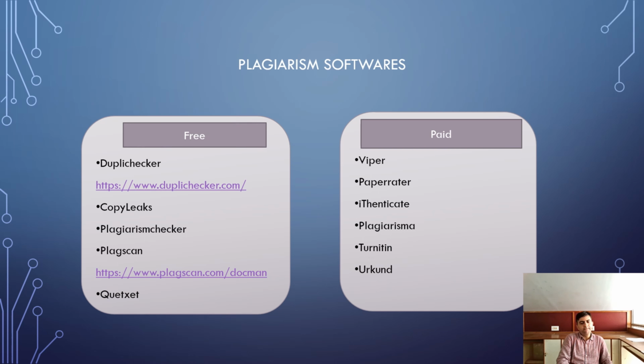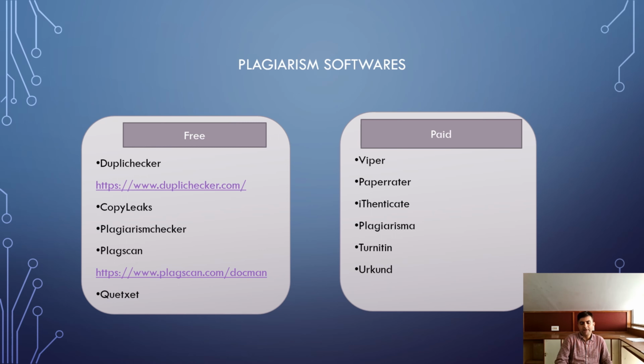And paid software like Turnitin and Ouriginal, whose name has changed, are used by various universities in India. Turnitin is also used worldwide, and other software like Viper are also used worldwide. They help students and researchers to check their work, see where data is copied from, and how we can reduce that.